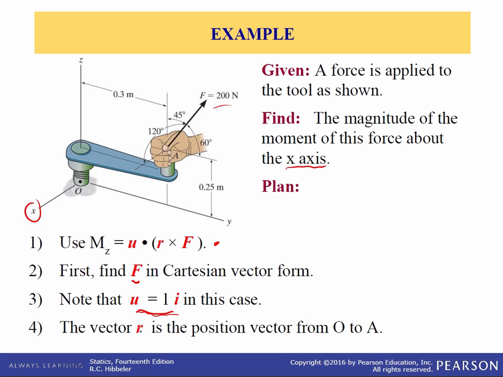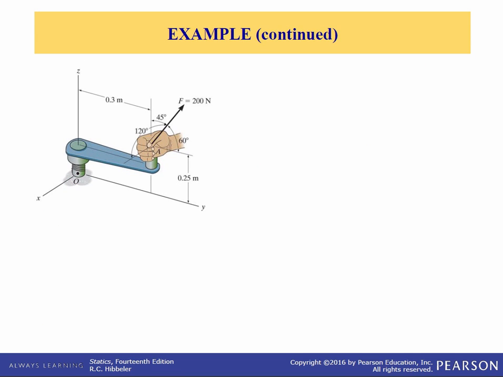And then the vector r in this equation is the position vector from O to A. So as I said earlier, u sub A is equal to 1i. Now we need the r vector. I'm on O and I want to get to A. In the x direction, I don't have to move because everything here is occurring in the yz plane, so it's 0i.